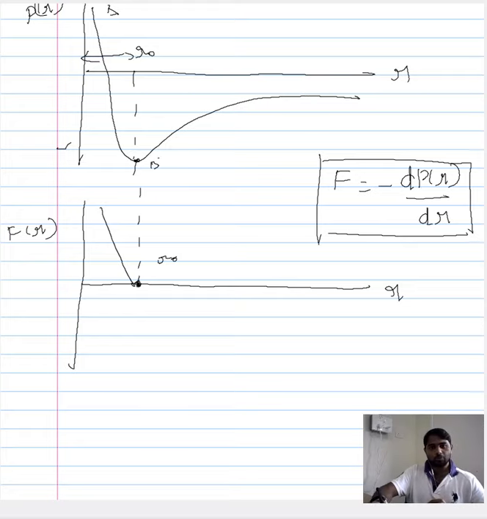The slope that is increasing here gradually decreases and ultimately becomes 0 because of the nature of the curve. So the force, that is the slope of the potential energy curve, would be something like this.